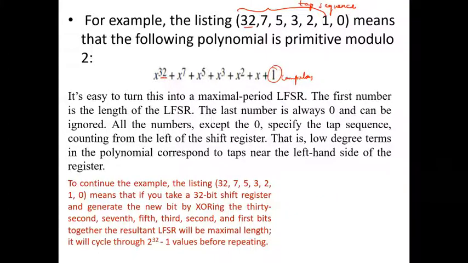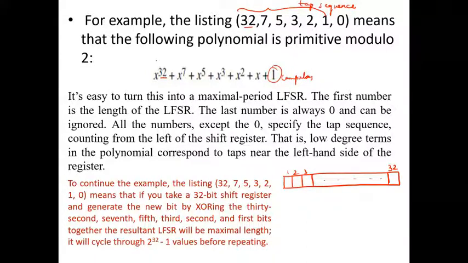For example, how are we going to draw this? Say I want to use this as the tap sequence and construct a Fibonacci shift register. How will it look? Let me say this is the shift register and I'll start with 1, 2, 3 from the left hand side and 32, the 32nd bit.